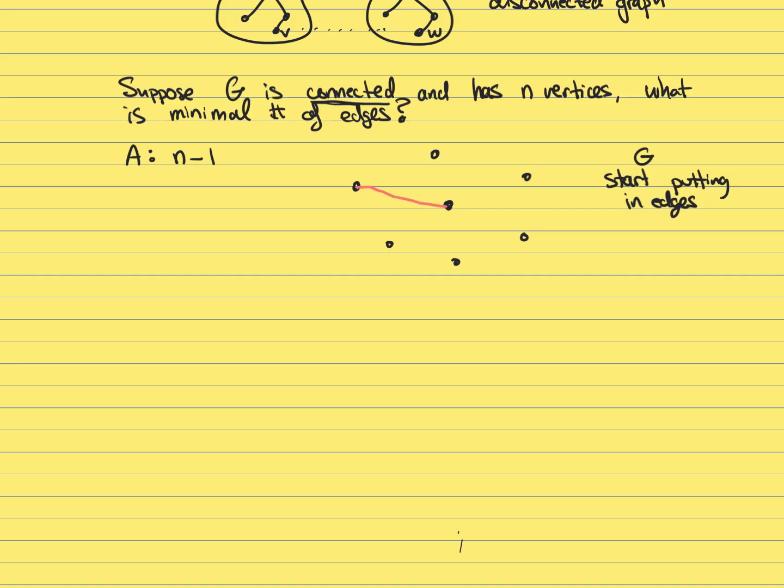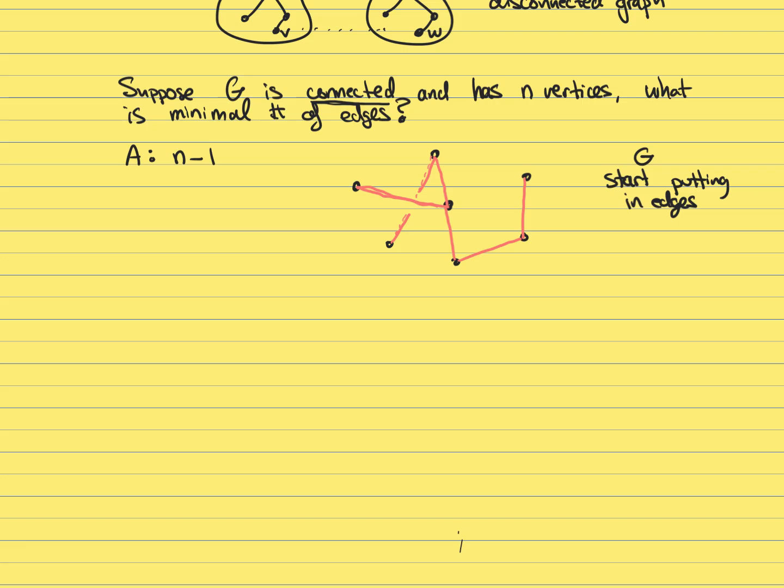Every edge that you add can connect at most two of the dots together. Or you might make a chunk here and then start connecting it like so. But at every stage, you can only fix up one new dot, which was previously disconnected from the graph and is now connected.